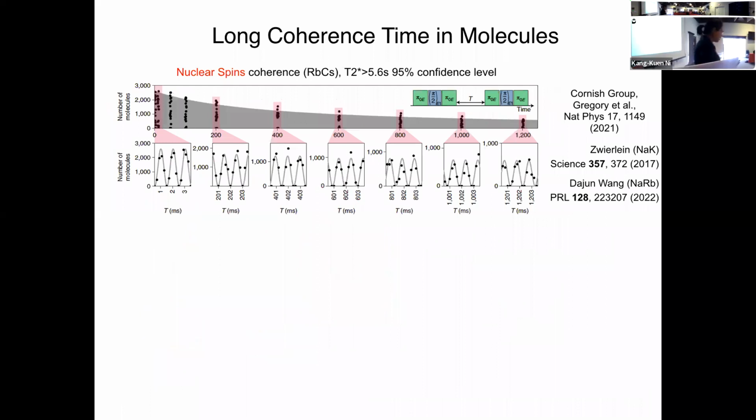As has already been demonstrated, for example in Simon's lab and other labs, nuclear spins are really good for information storage, really great qubits, and they've shown coherence times that, I think, they say are essentially infinite. The decay is due to molecule loss.